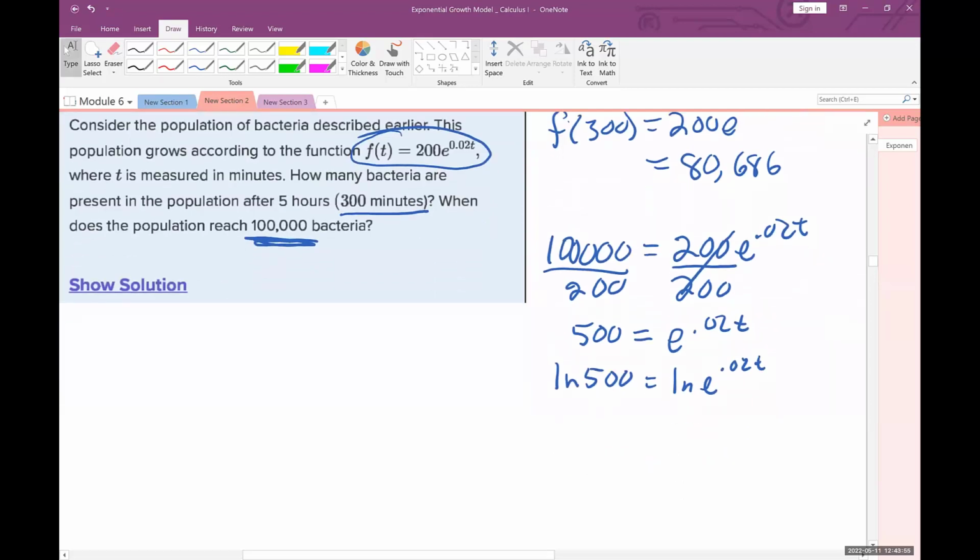And this part cancels or undoes itself. So it's natural log of 500 equals 0.02 t. And now from your algebra skills, how do you get that t by itself?